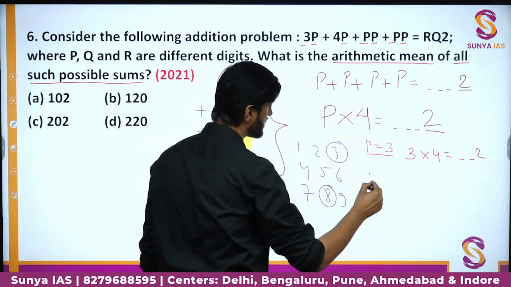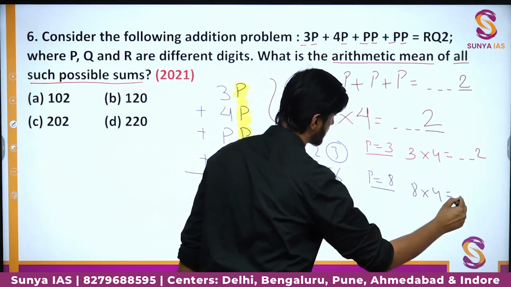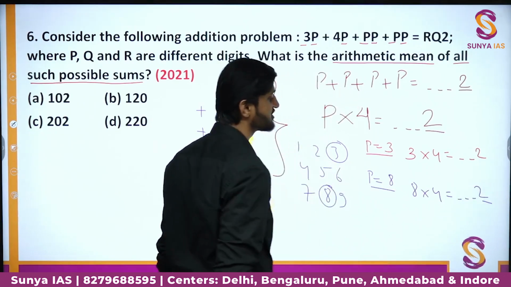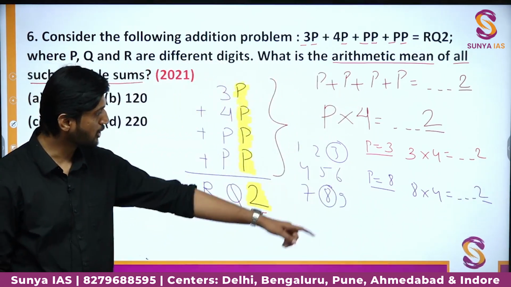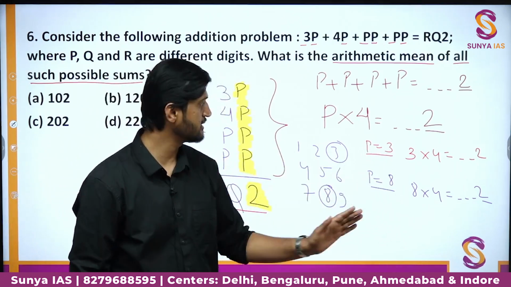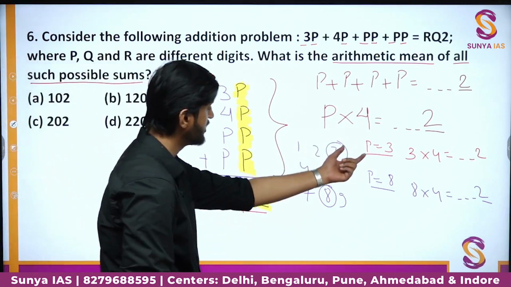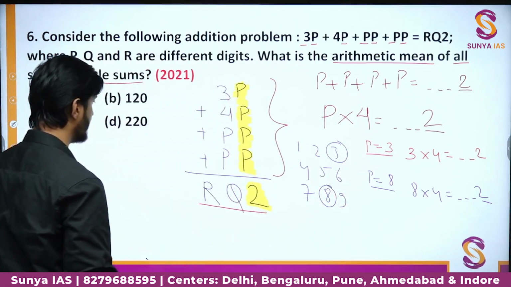When we choose P equal to 8, we have 8 into 4, the product becomes 32, and again the last digit is 2. So the possible values of P are 3 and 8. No other digit can satisfy this, right?